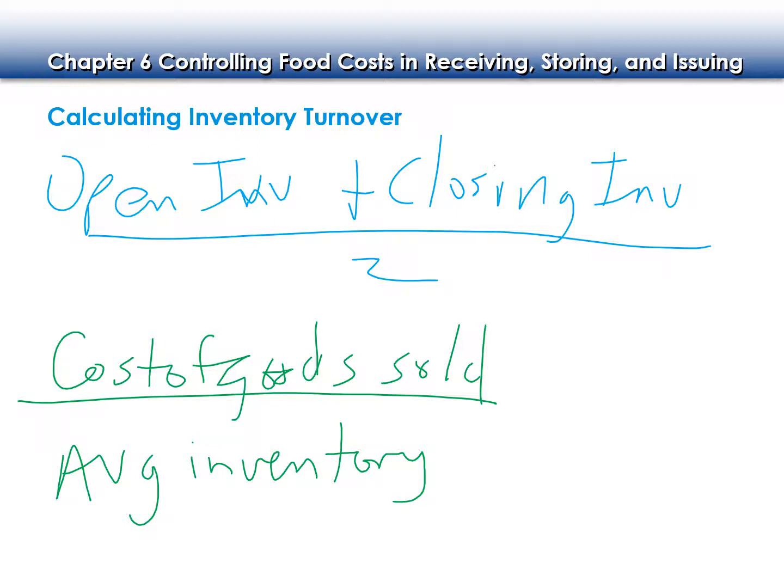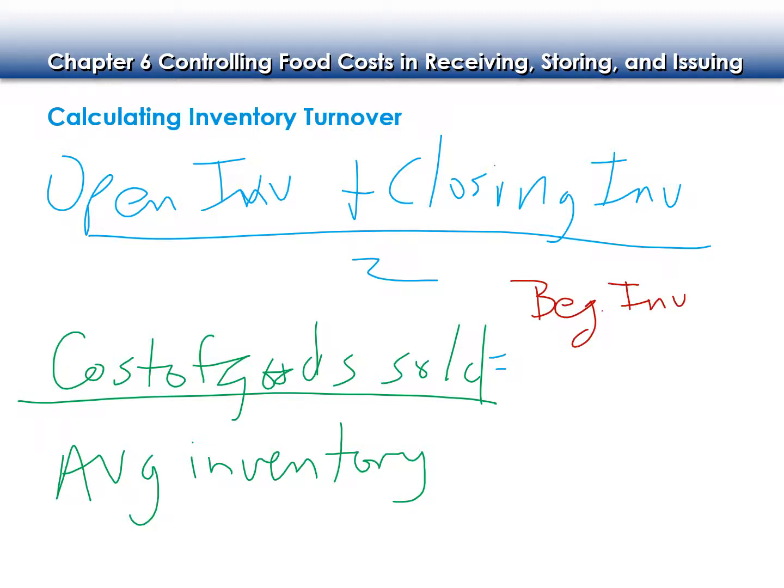Cost of goods sold. Raise your hand if that looks semi-familiar. Semi-familiar. Okay. I know we talked about it in a previous chapter, before midterms, before yesterday. Okay, so I know that it probably isn't fresh on your mind, but that cost of goods sold, what is our formula for cost of goods sold? So we take our beginning inventory.